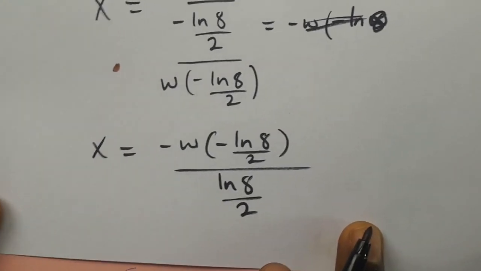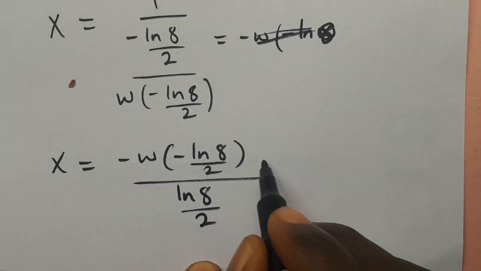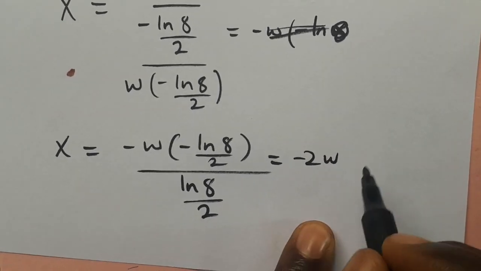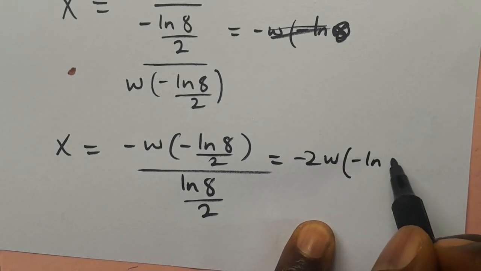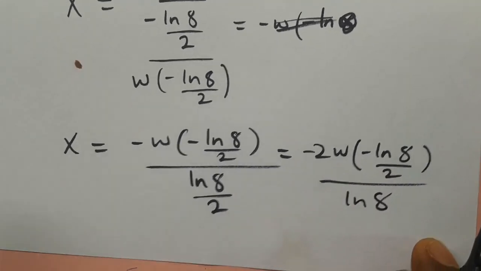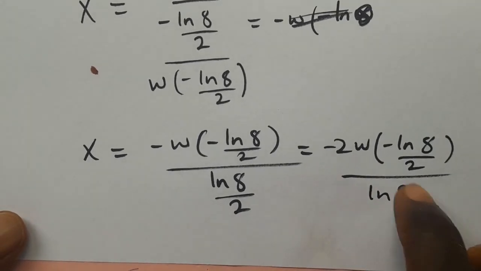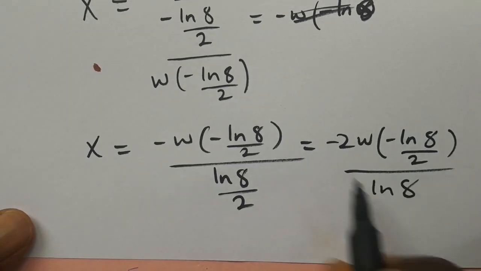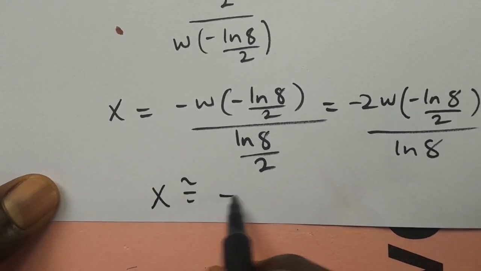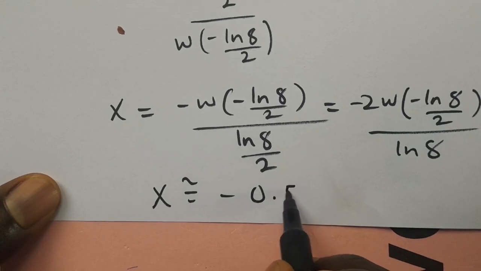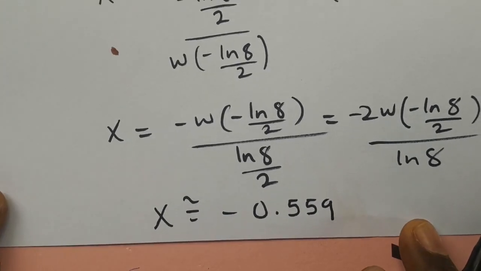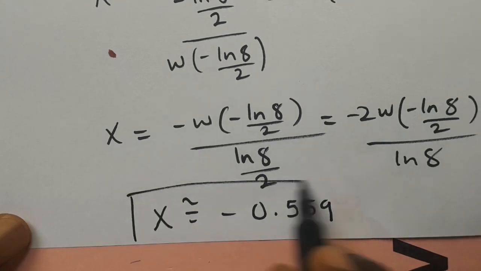And this is equivalent to minus 2 W Lambert function of minus ln of 8 divided by 2, then divided by ln of 8. So when you press all this, then you find the W Lambert function of this, you divide by this one, multiply by this, we have our x approximately equals minus 0.559, and this is the final answer for the value of x.